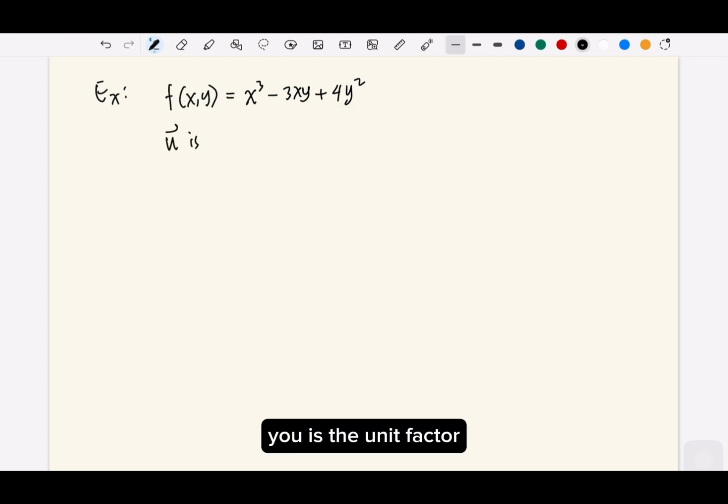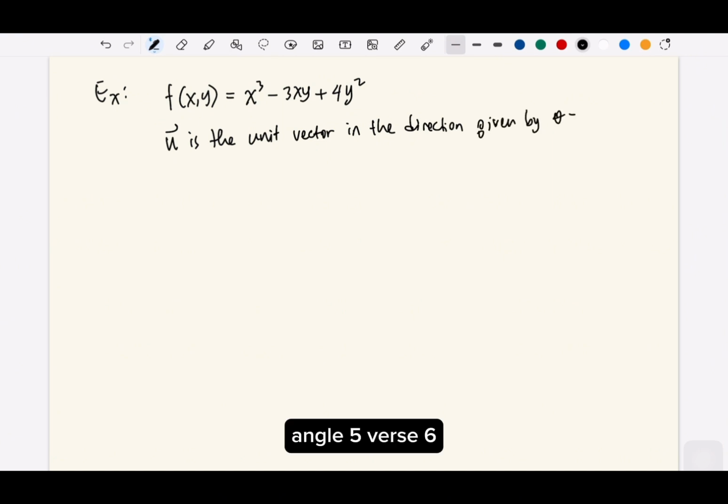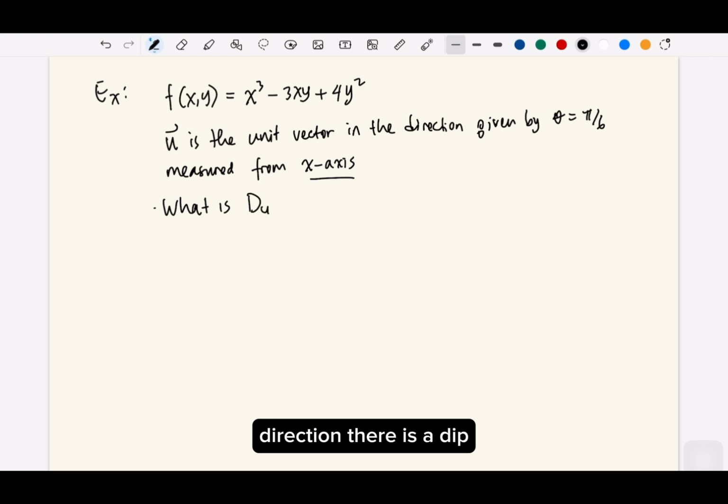u is the unit vector in the direction given by angle pi over 6 measured from the x-axis. The question is, what is the directional derivative at point (1, 2)?